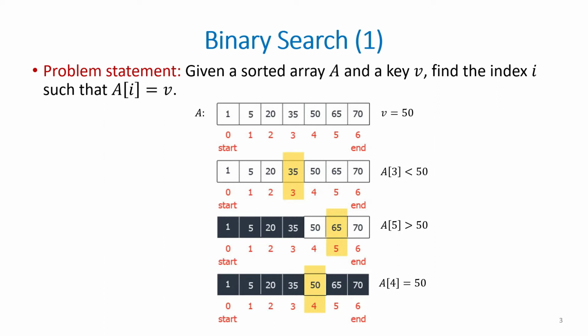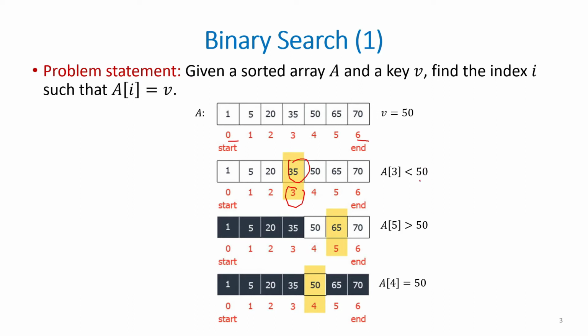For this particular sorted array A of length 7 and key value of 50, the binary search works as follows. In each step, we first find the middle element, which over here is obtained by adding 0 and 6 and then dividing by 2. Therefore, the index of the middle element is 3 and A[3] is 35.